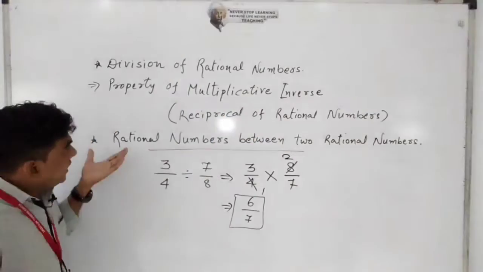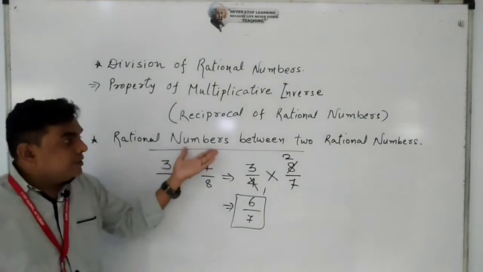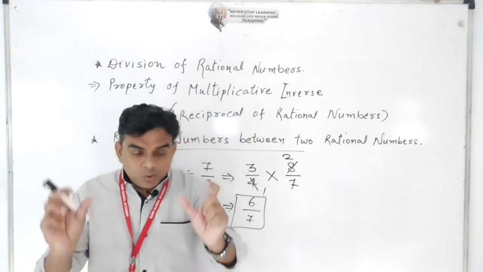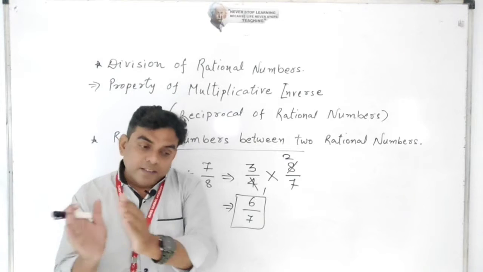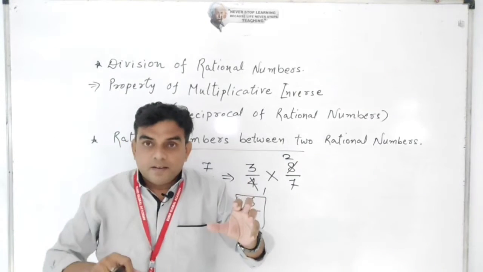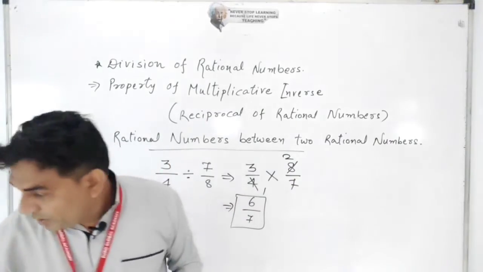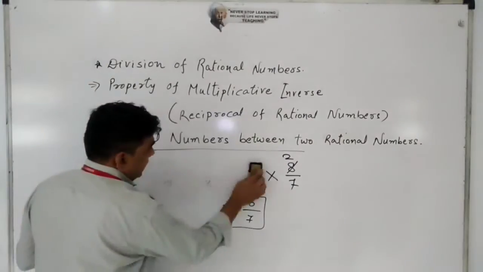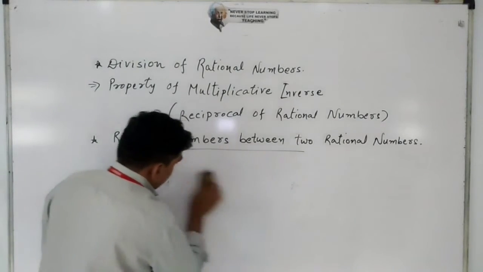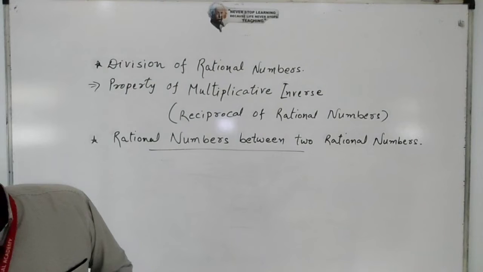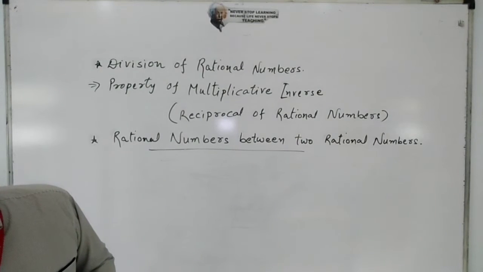Okay. Now the next one is rational numbers between two rational numbers. You will be asked to find the rational number between two rational numbers, that means in between them. I am going to show you. First of all, I am going to write the question so that we understand it very well.